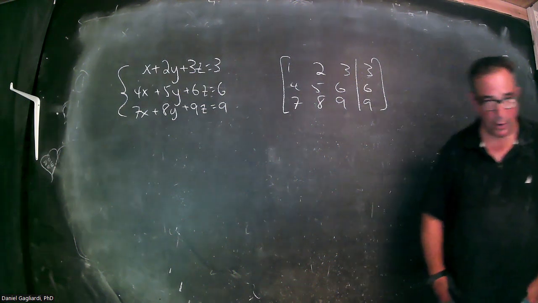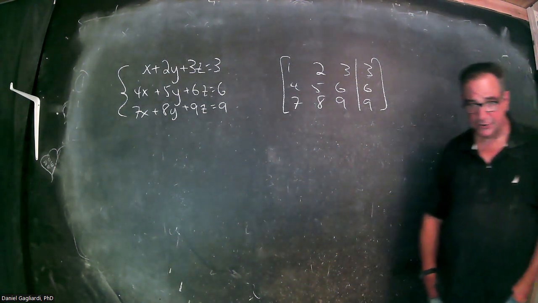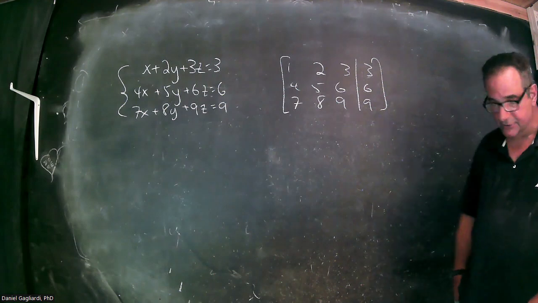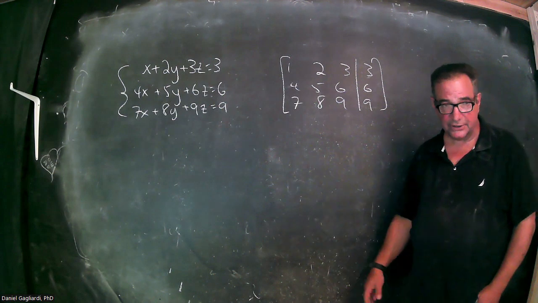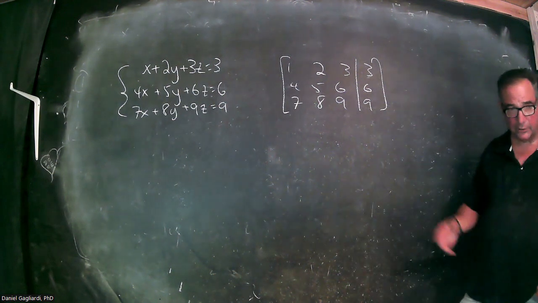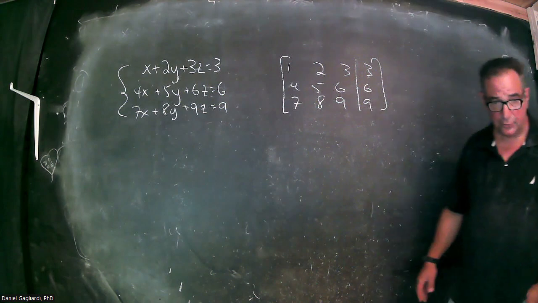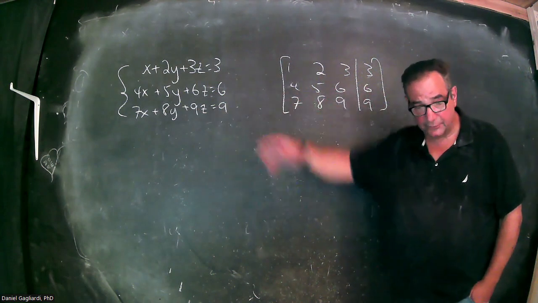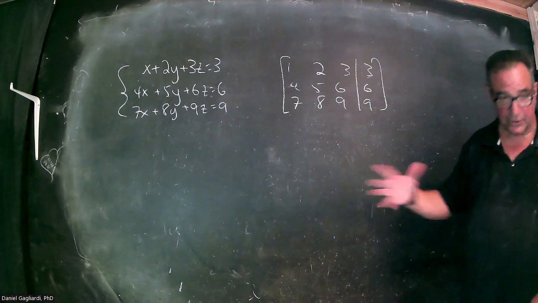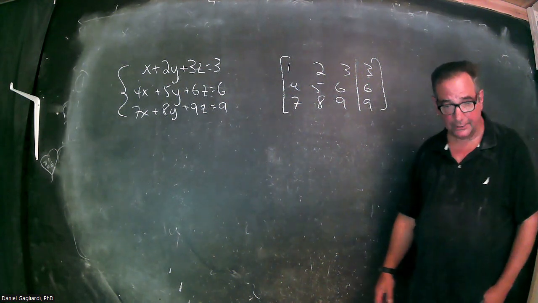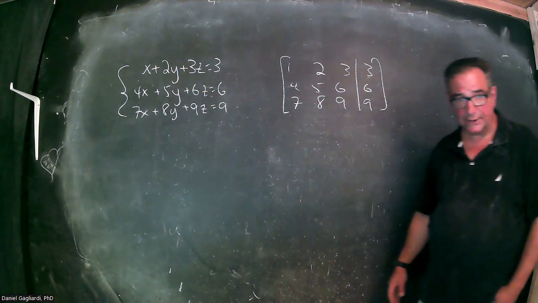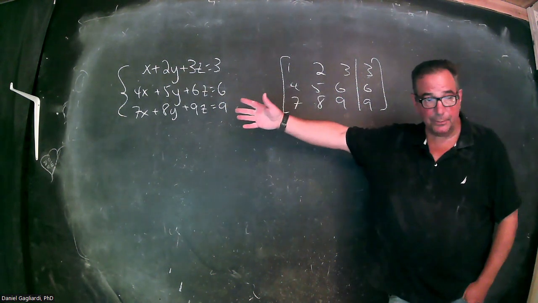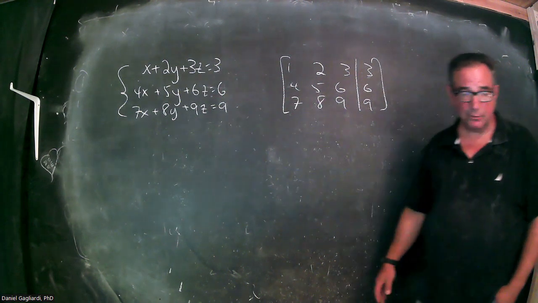All right, so what are the row operations that can legitimately be employed to produce an equivalent linear system? Well, the first thing we can do is interchange any two rows. That's equivalent to interchanging any two equations. There's no harm done to the solution there. Multiplying any row by a non-zero constant is like multiplying an equation by a non-zero constant.